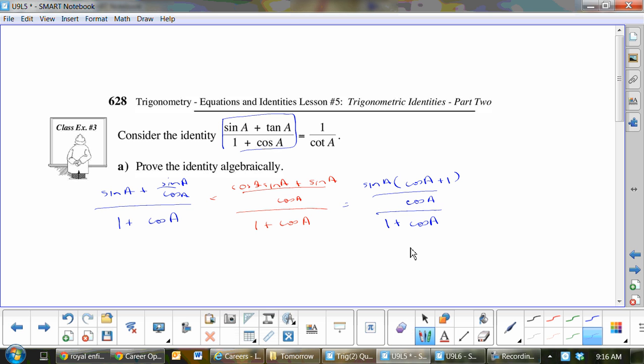This is the same thing as tan A times cos A plus 1 all over 1 plus cos A.